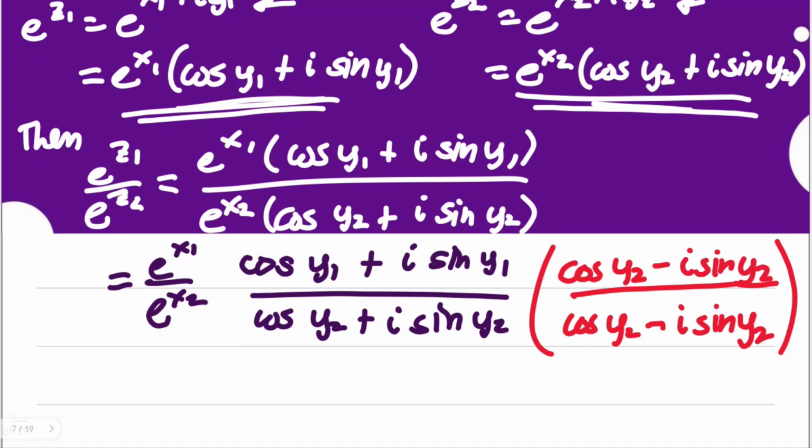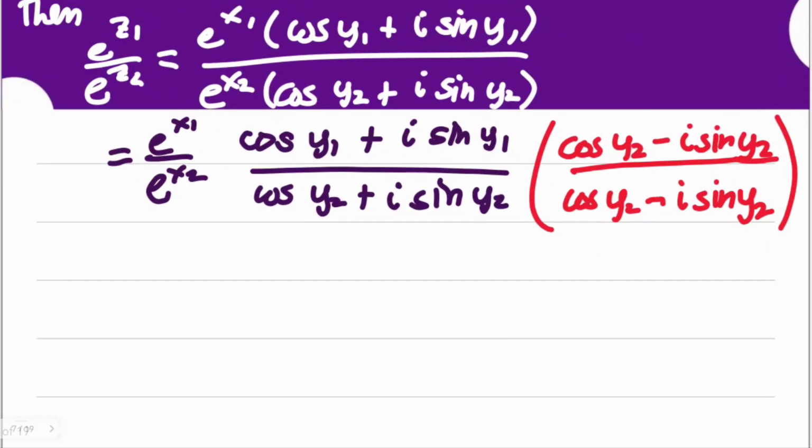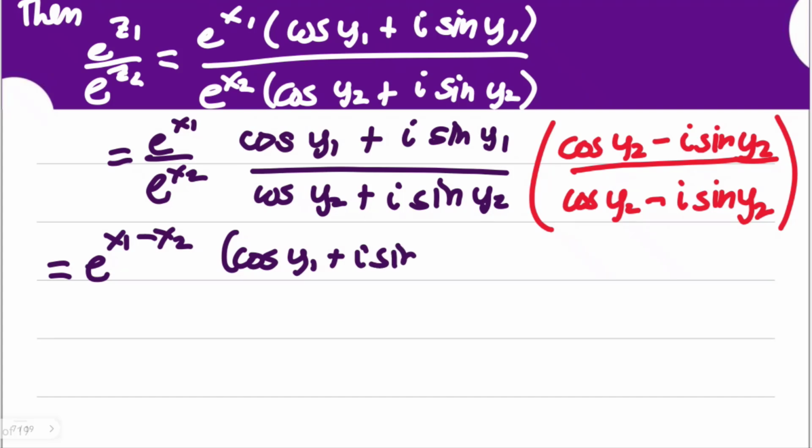So for the next part, this here will just be equivalent to e to the power of x sub 1 minus x sub 2, because, again, x sub 1 and x sub 2 are already real parts, so we can do that. As for the other part, when you multiply the numerator, it will be cosine y sub 1 plus i sine y sub 1 times cosine y sub 2 minus i sine y sub 2.